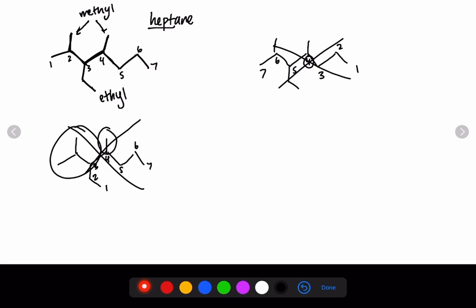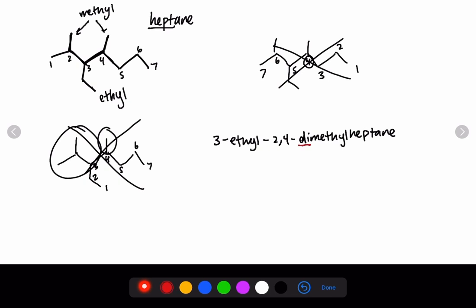Now the 2 methyl groups are on carbons 2 and 4, and we have an ethyl group on carbon 3. First, I'm going to write out the name for this molecule, and then I will explain it. This molecule is 3-ethyl-2,4-dimethylheptane.